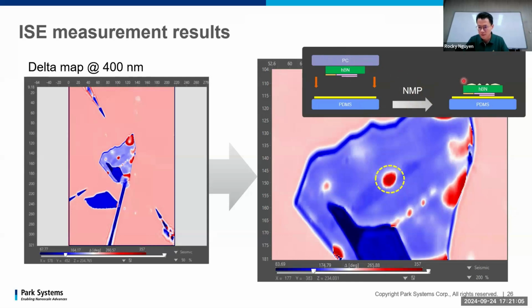So after cleaning, there are some residues, some trace of absorbed water or hydrocarbon on the hBN substrate. And when this entire stack is transferred to the silicon, it will cause some bubbles to form at the interface between hBN and the underlying silicon substrate.